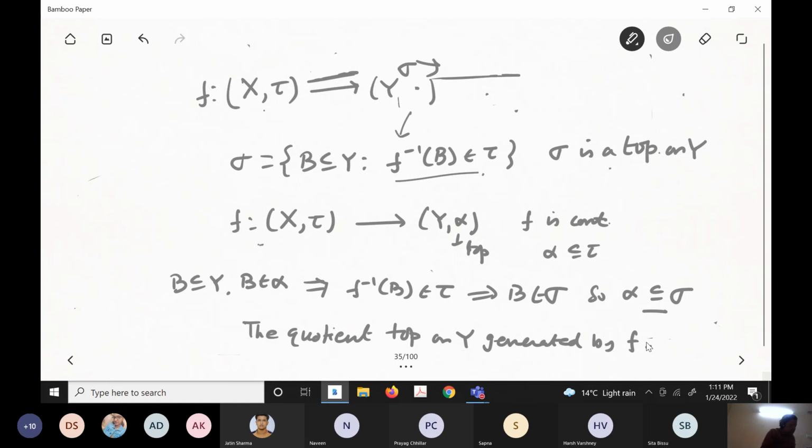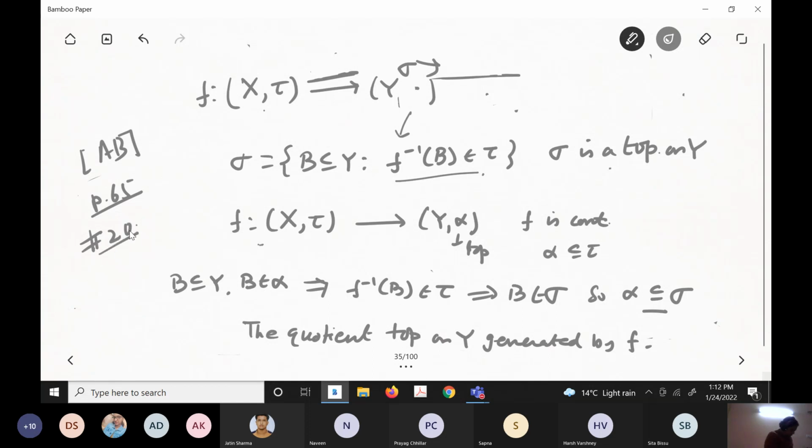Well, look, in order to define the quotient topology, I do not need it to be onto. Okay, this is onto. But let me tell you that in Aliprantis and Border, page 65, Problem 20.